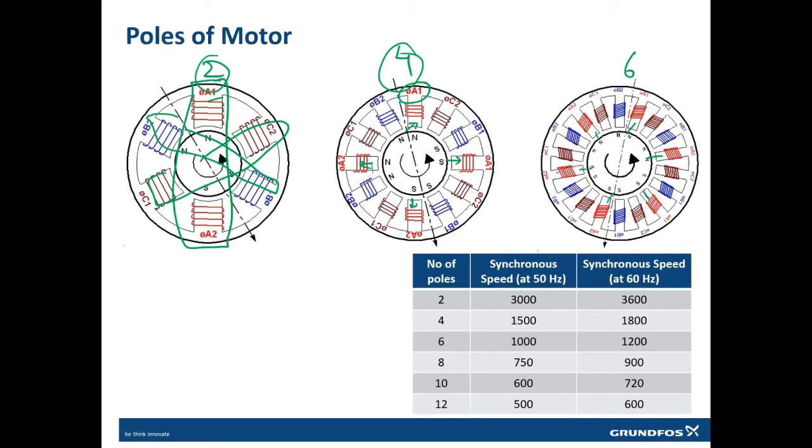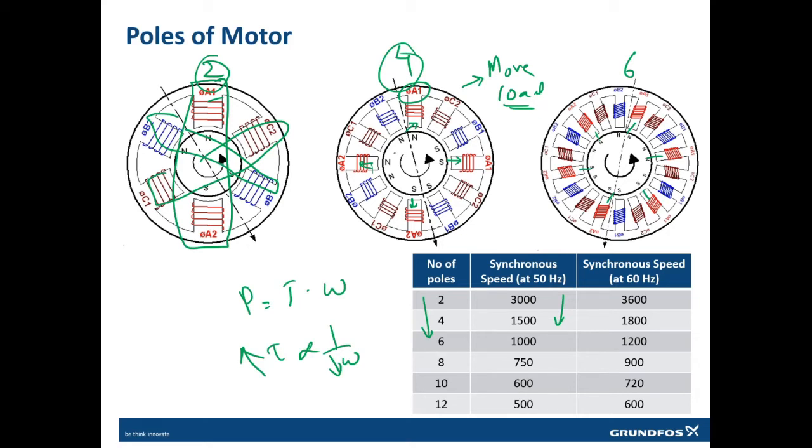This is a 6-pole motor. If you see here, the speed of the motor is reducing as I increase the number of poles. If you remember, in my equation power equals torque into rotational speed, torque was inversely proportional to speed. If my speed is reducing, that means my torque is increasing. In other words, having more magnets inside the motor gives the motor the capacity to carry more load, at lower speed.